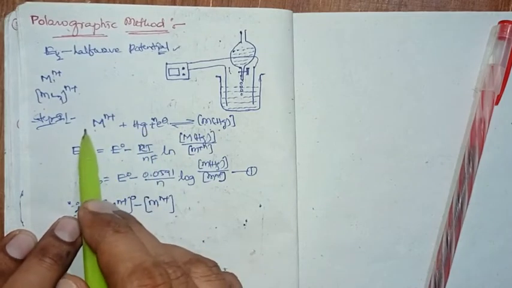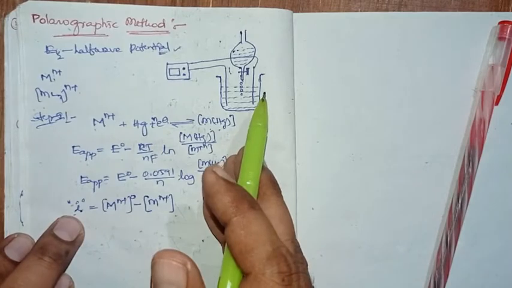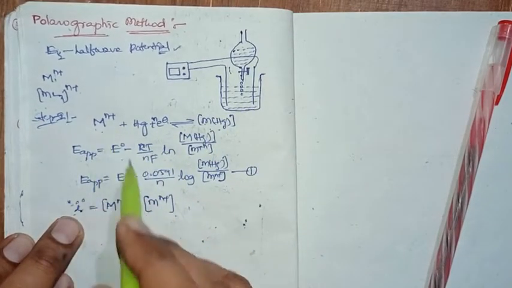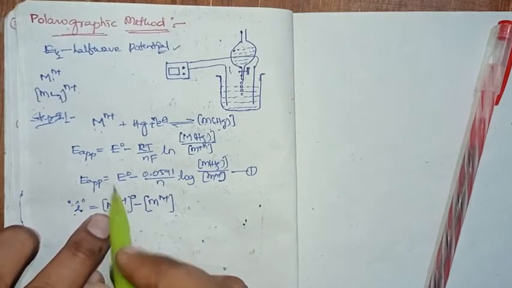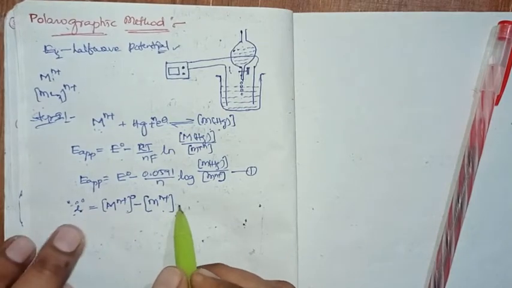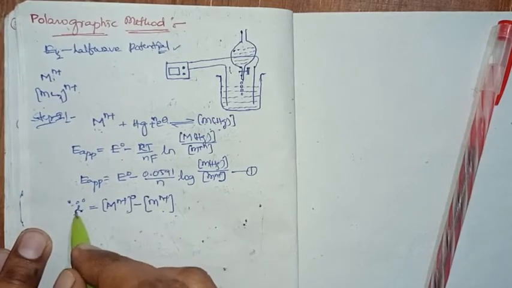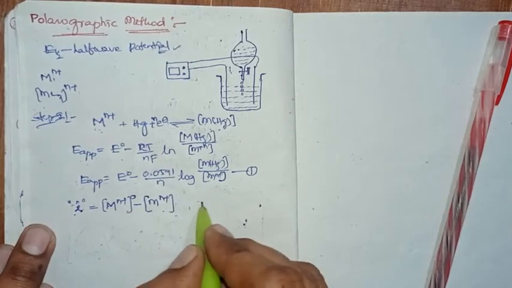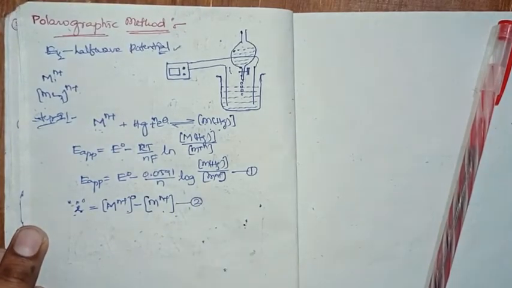So whatever metal ion concentration we take would decrease, right. What we took is the initial concentration of metal ion, and what remains is the remaining metal ion concentration, right. The difference is equal to the current we apply, right. This is equation number 2, right.